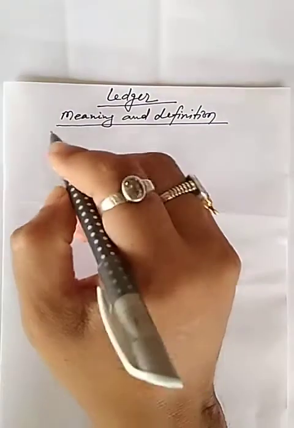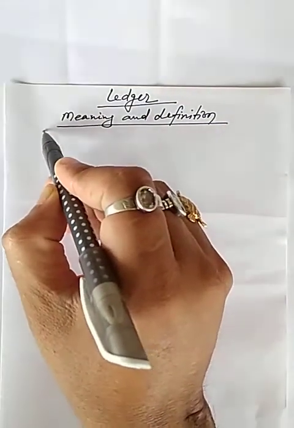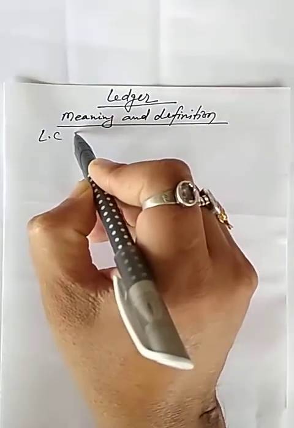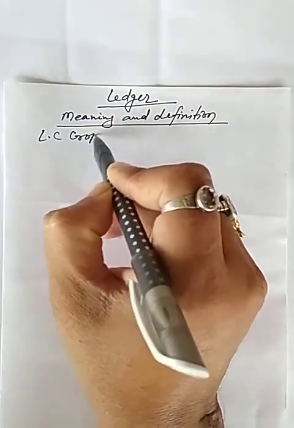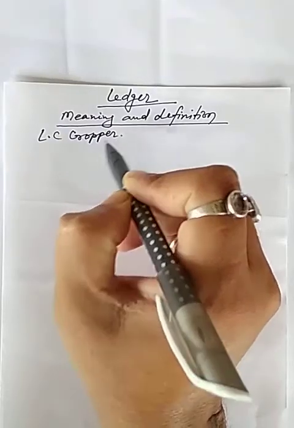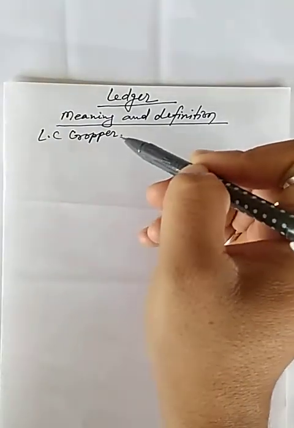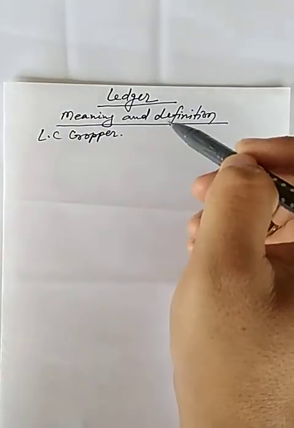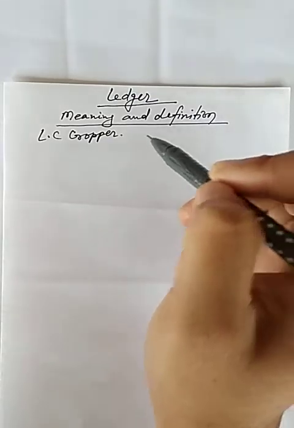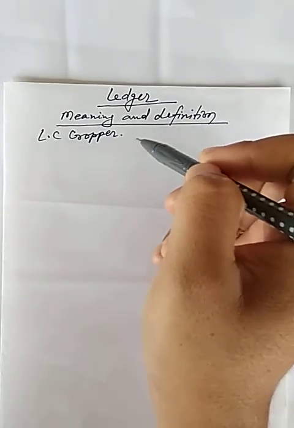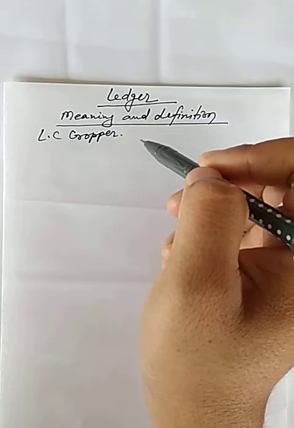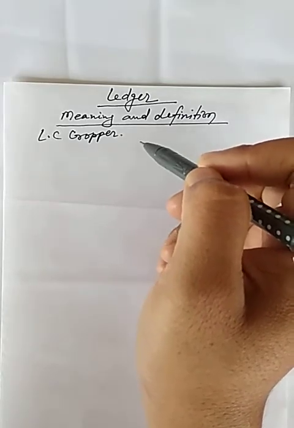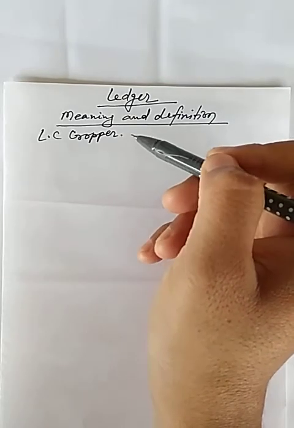According to L.C. Cropper, the book which contains a classified and permanent record of all the transactions of a business is called ledger.